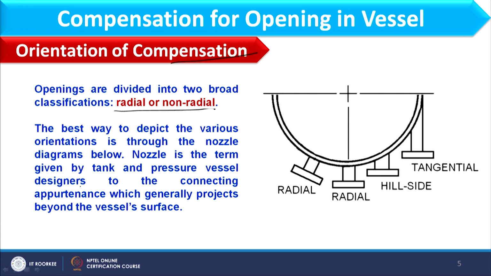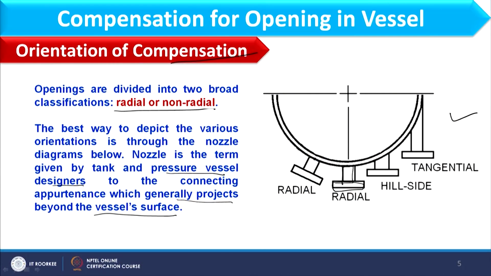Nozzle is the term given by tank and pressure vessel designers to the connecting appurtenance which generally projects beyond the vessel surface. So, when any object is provided beyond the surface of the pressure vessel, or of the component in which I am creating the opening, that is basically called a nozzle.